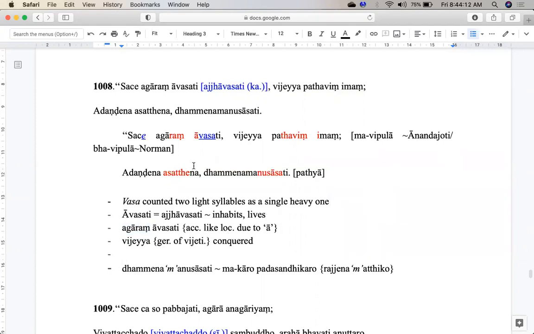Okay, after that here Vijaya. Vijaya is actually the gerund form of Vijayati. The prefix is vi, the root is ji, and the gerund suffix is ya, and the ya becomes double, and the i becomes a.